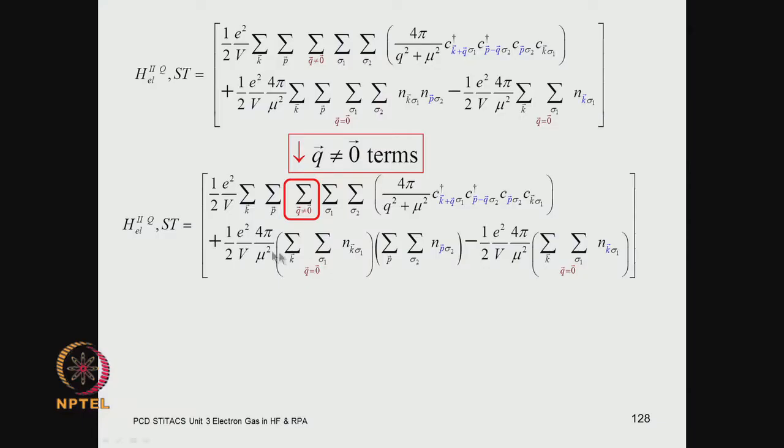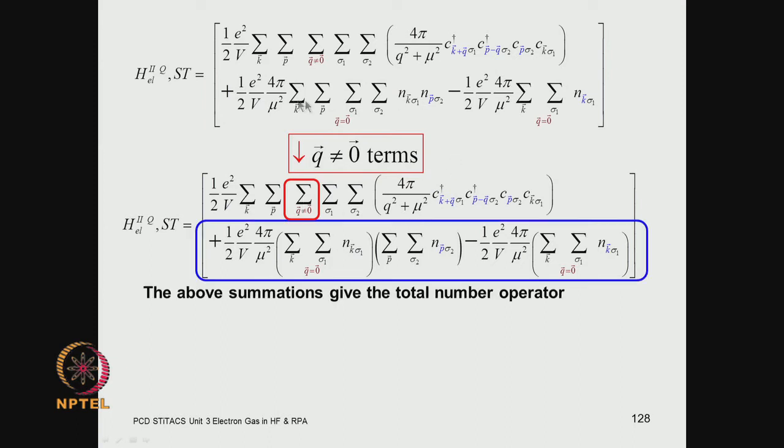Okay. Now, this is the term corresponding to q not equal to 0, and the lower two terms in the second line over here, these correspond to the q equal to 0 contribution. This is coming from the q equal to 0 contribution, this is also coming from the q equal to 0 contribution, but for this you are summing over all values of k and over all values of sigma 1. So, that is really the total number operator, right. You get the total number operator when you sum over all the states.